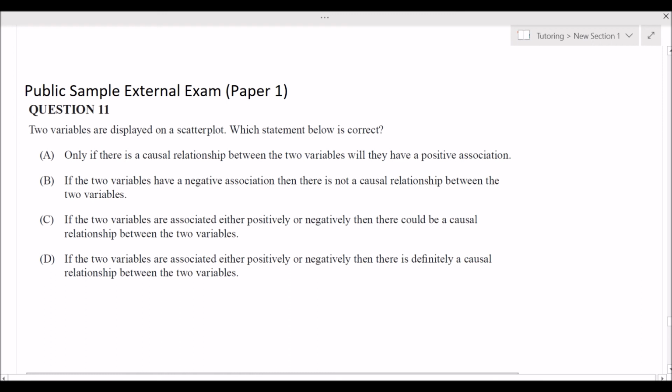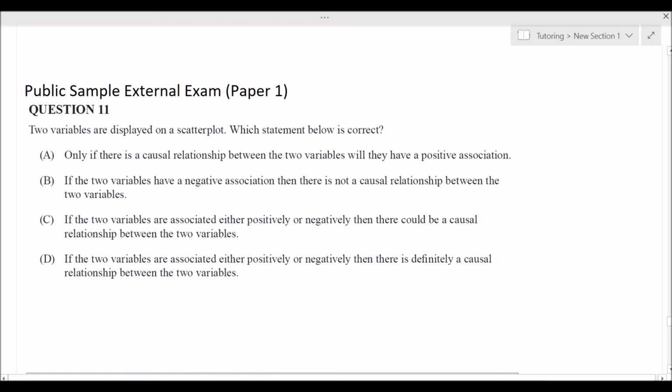Okay, so this is a reference right back to the very top when we talked about the difference between causal relationships, ones that are caused by the other, and association. Remember, association is not the same as causation. So basically, we want to rule out anything that is concluding that it is a causal relationship, because it is not causal.